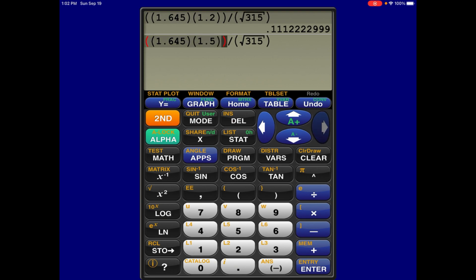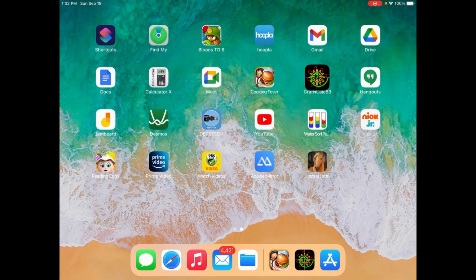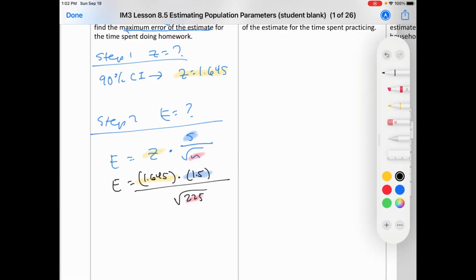This one was 1.5, and I believe this was 225. Go out and just press enter. And our answer is 0.1645. Now, it doesn't tell us how to round, but in the previous problem, we rounded to the nearest hundredth, so I'll just say 0.16.